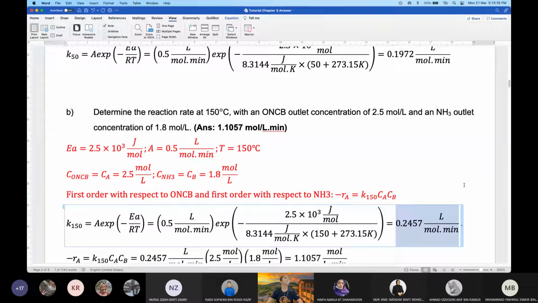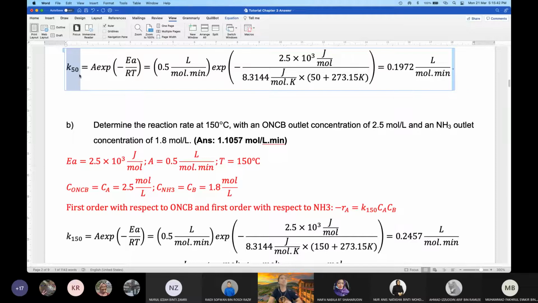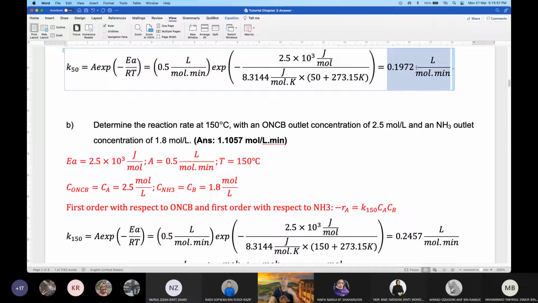So for example in this case, earlier in part A, you calculated K at 50 Celsius, which you got 0.1972. So theoretically, the value of K at 150 that you calculate must be bigger than 0.1972.